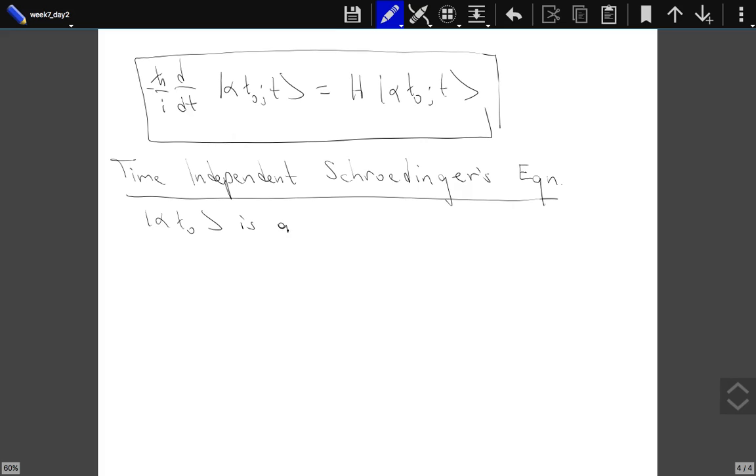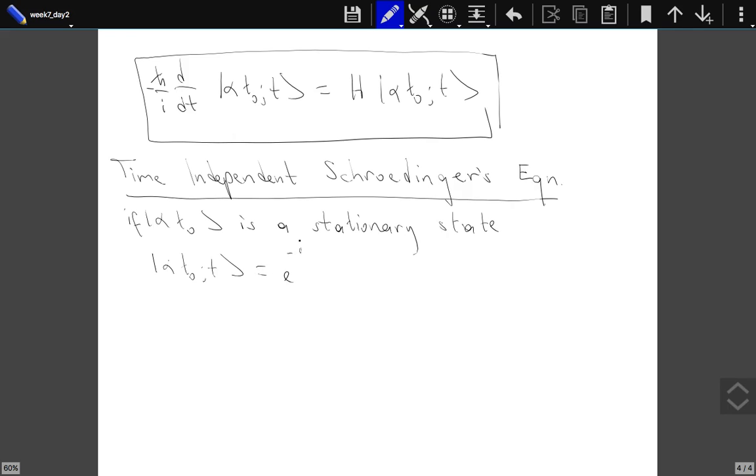Alpha t0 is a stationary state. If alpha t0 is a stationary state, then we know what alpha t0 at the time t is.